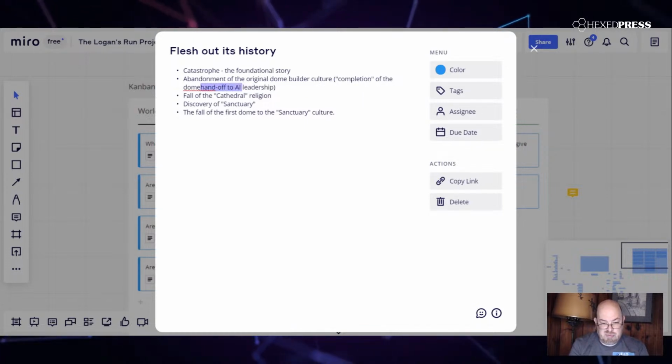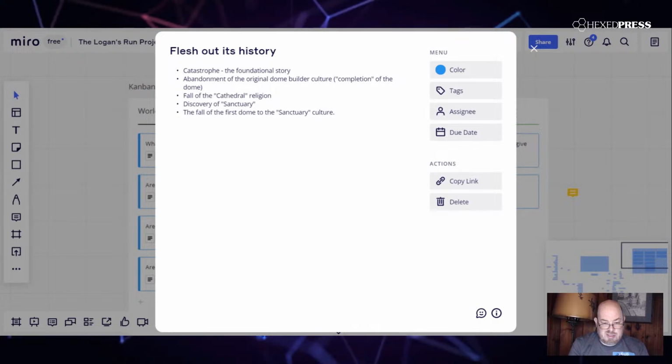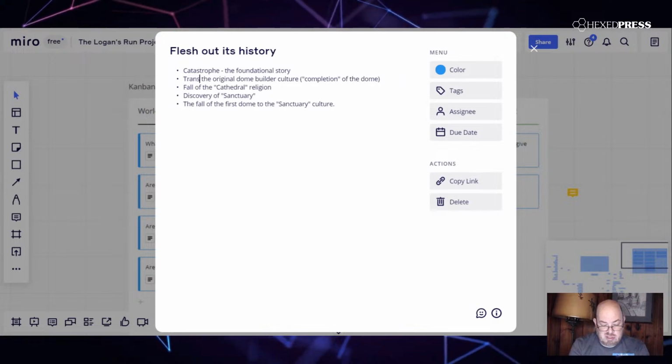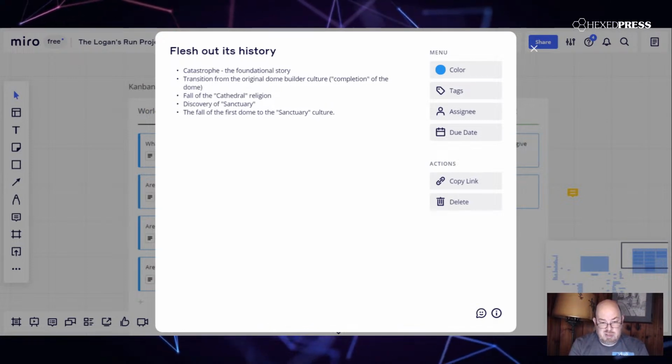We don't have to merge all these into one. They can be closely associated in terms of time. I'll say abandonment, but transition. Some kind of transition from.